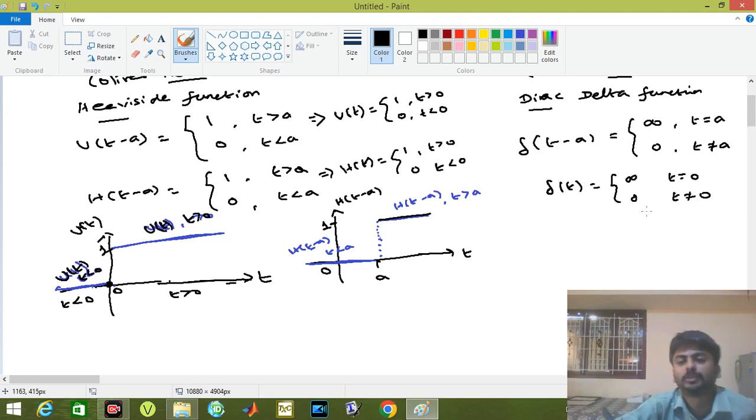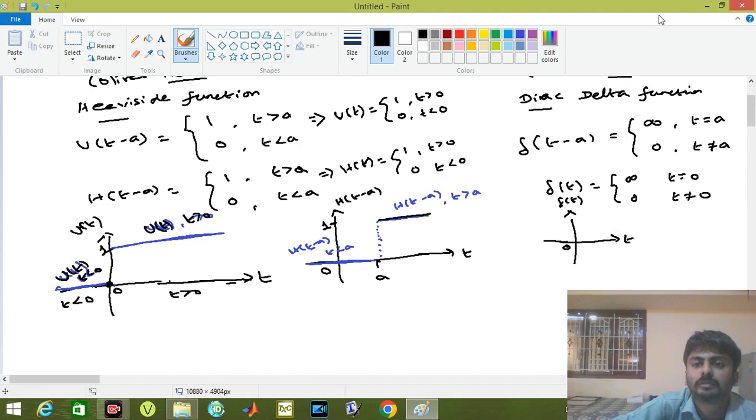So naturally your plot for the Dirac delta function will be like this. This is 0, this is t, and this is delta of t. For t equal to 0 alone, it becomes infinity.